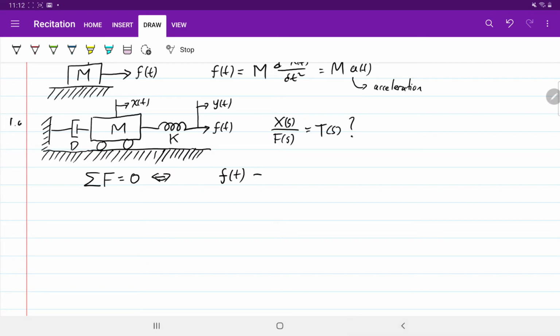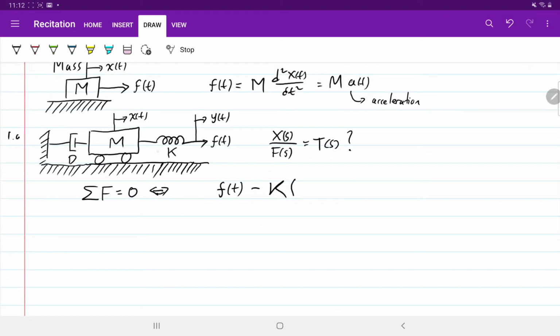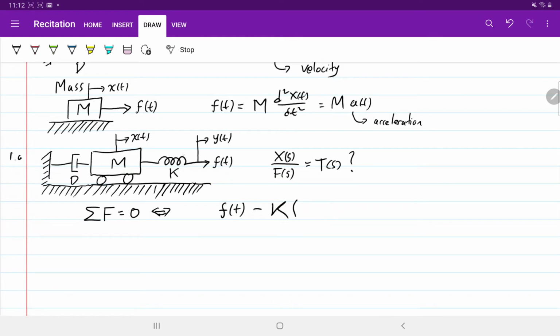So minus k multiplied by the displacement occurring on the spring. But here, if we are pulling F to the right, then the point y will also move to the right, as well as the point x. So the displacement occurring on the spring is y(t) minus x(t). Okay, so this is the first equation.